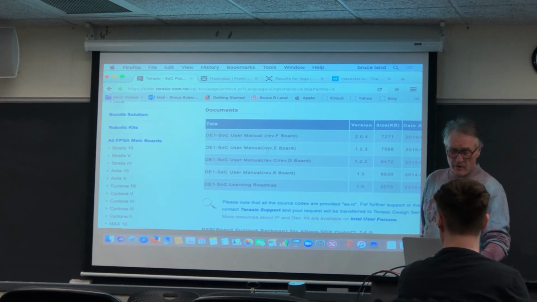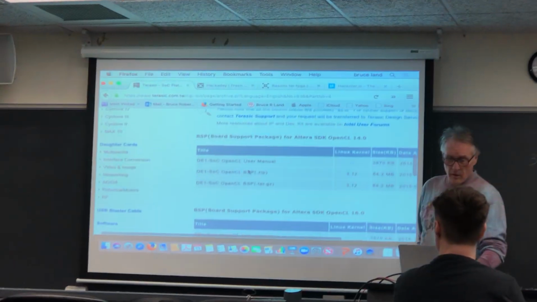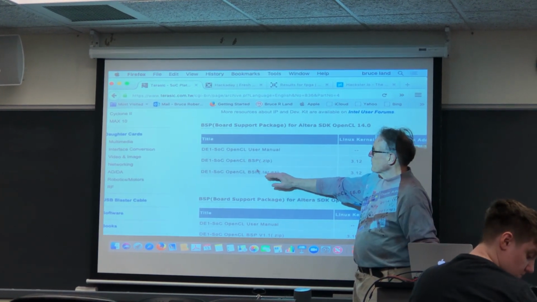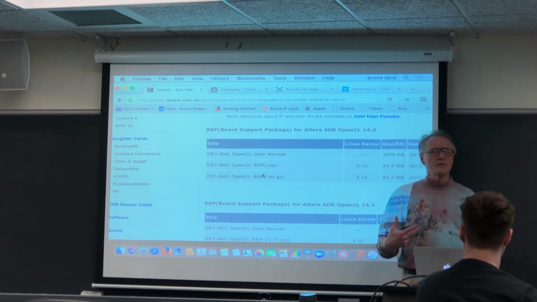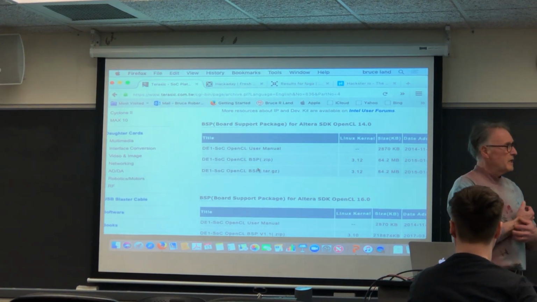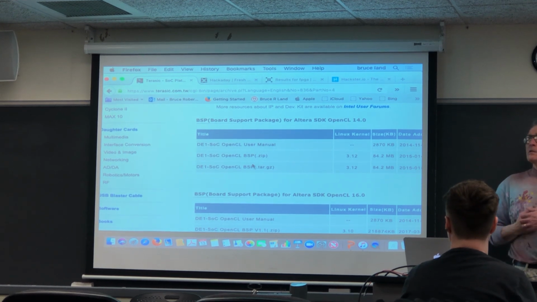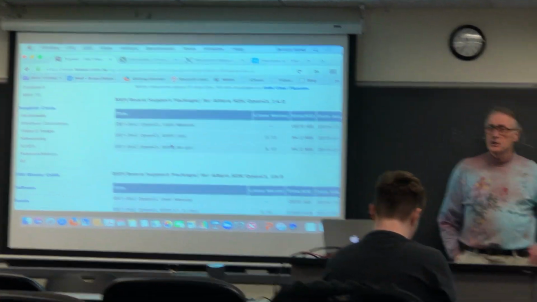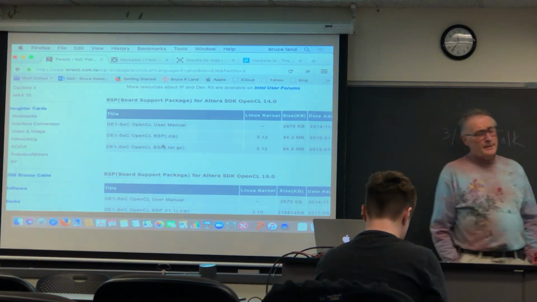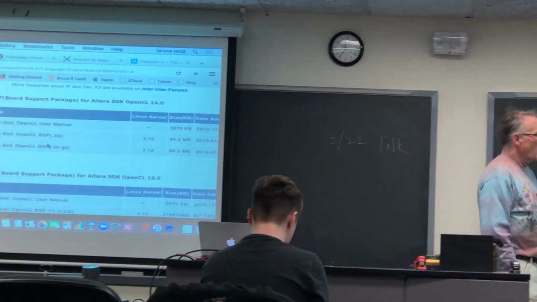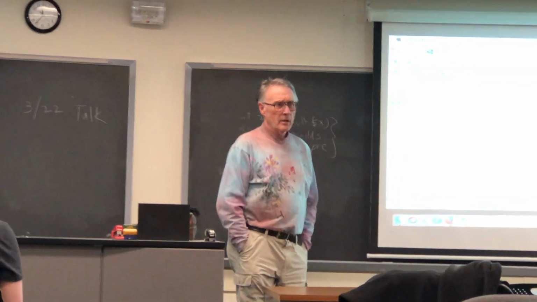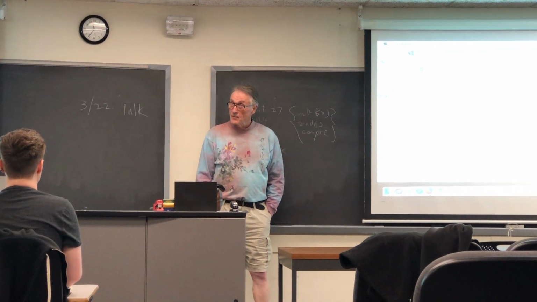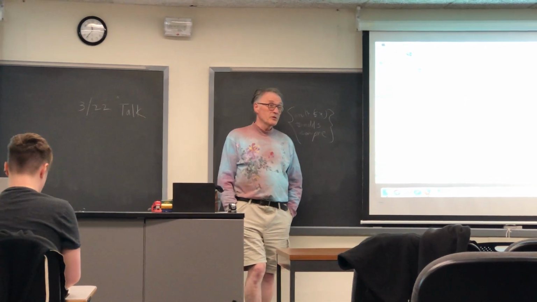I believe that most of our boards are Rev F. But there is a set of software for running OpenCL. OpenCL is a high-level synthesis that looks like C function calls, but are linked to hardware running on the FPGA. And it would be interesting to get running. I think it is a big job, partly because you have to use a different compiler than you've been using. So every single tool in the tool chain will change.